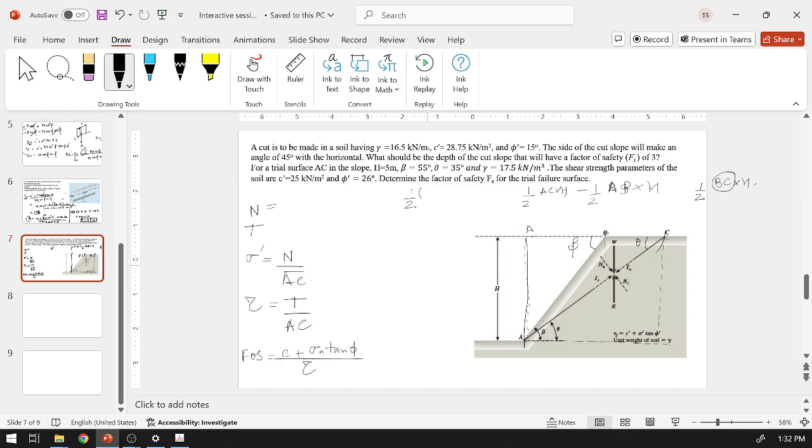It is not a right angle triangle. What we can do is take AC as h cos theta, and AB as h cos beta.